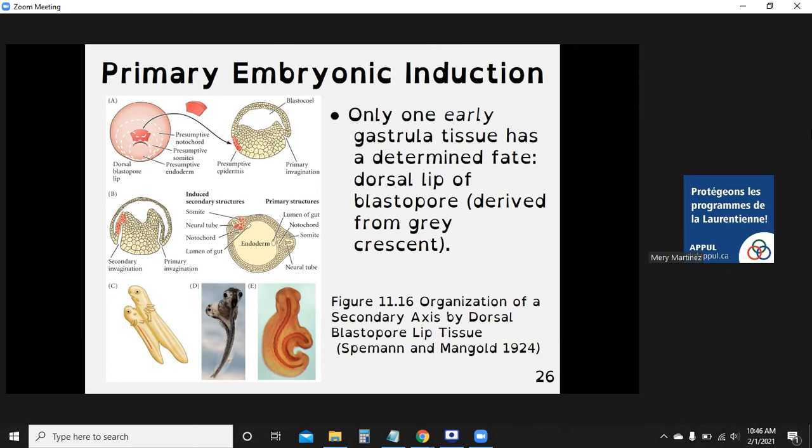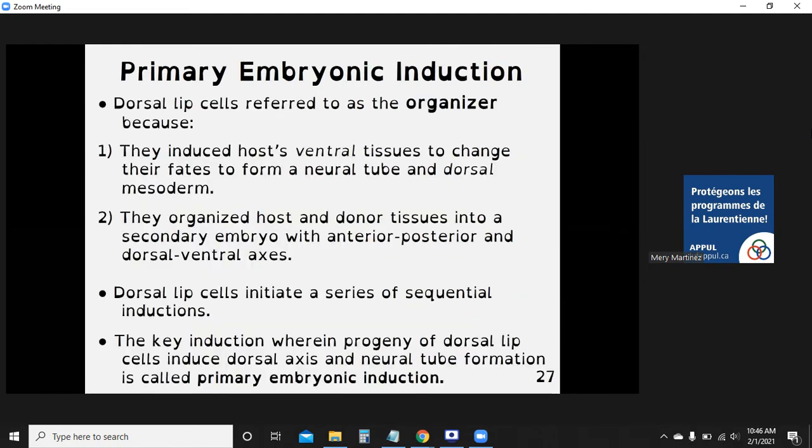It continues cell differentiation into chordamesoderm, a mesodermal structure, as it normally would have done if it was left in that embryo. So with this, years later in 1938, we refer to the dorsal lip of cells as the organizer, okay?